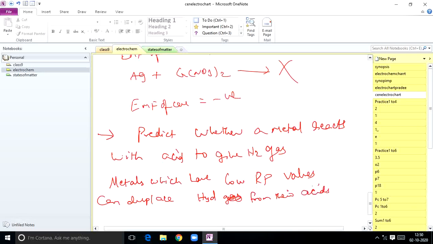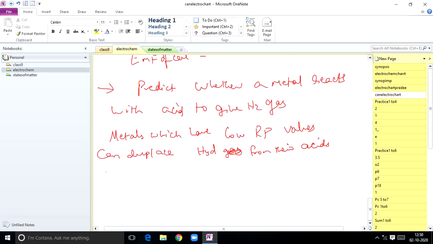So those metals which have low reduction potential values, when they are treated with acid, they liberate hydrogen gas. Very, very important point. If you observe the chart, this is hydrogen, it has 0.00.